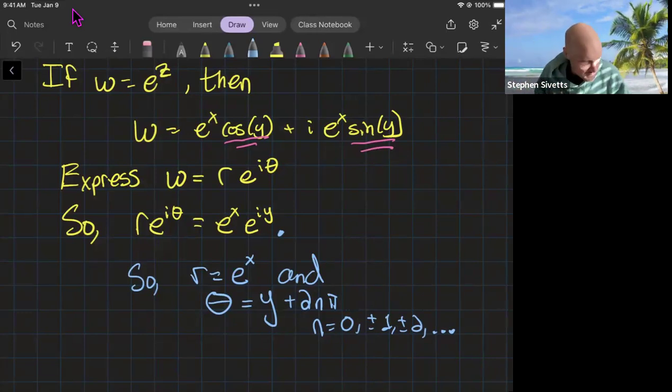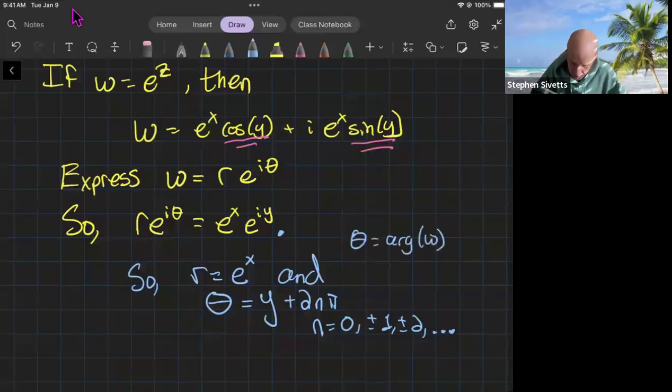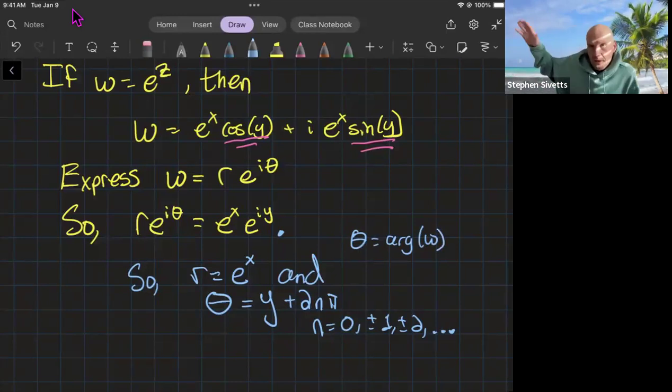Then theta would be the argument of w. That's how we determine the radius and theta in terms of the exponential function.